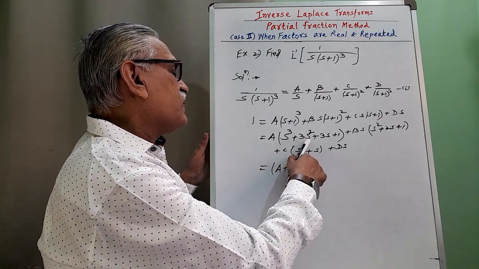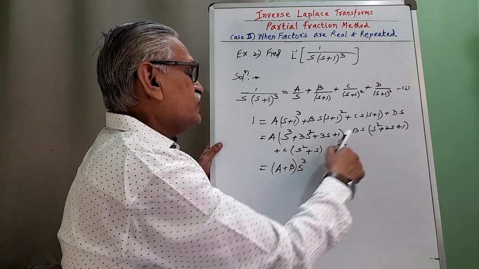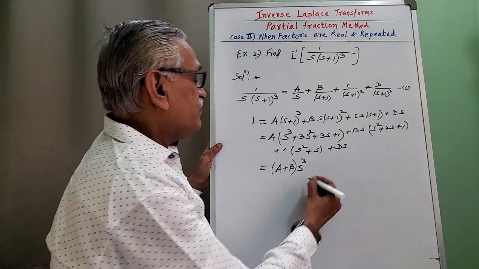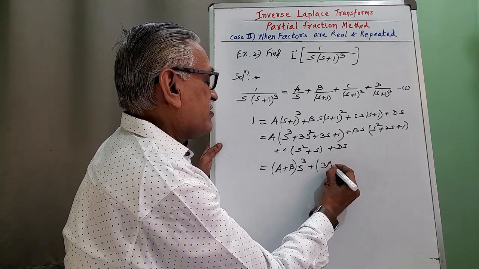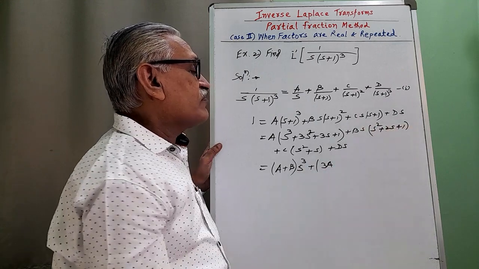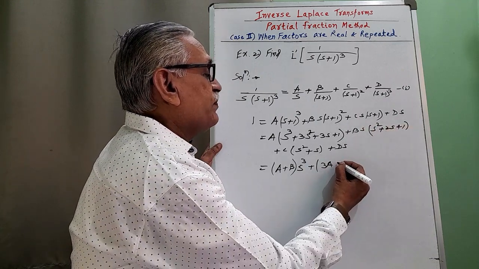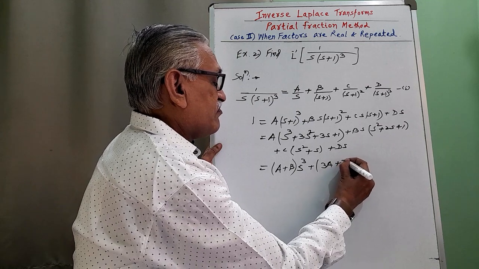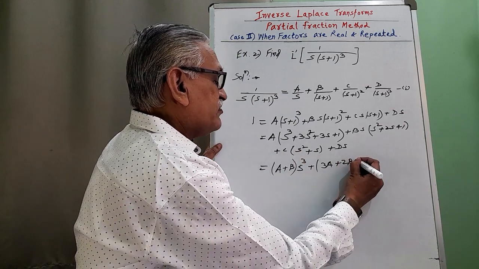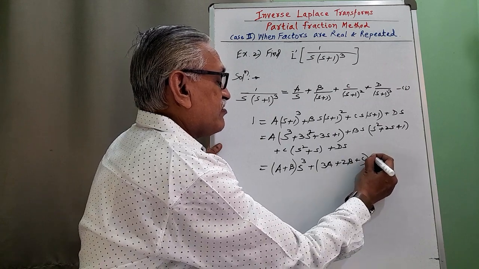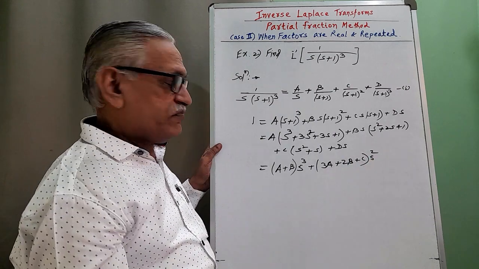Then collecting the terms of s square, 1, 2 and 3, therefore it is 3a plus 2b plus c into s square.